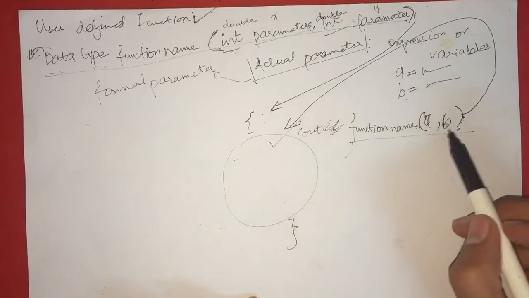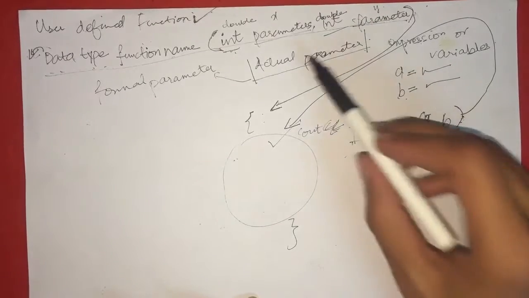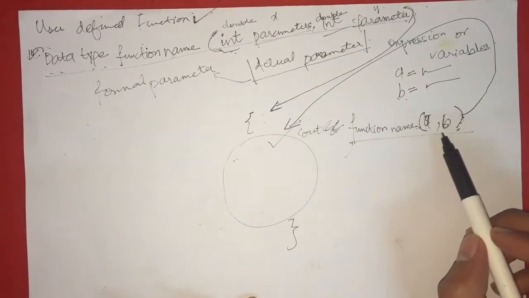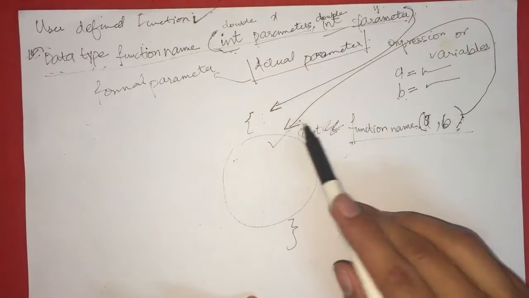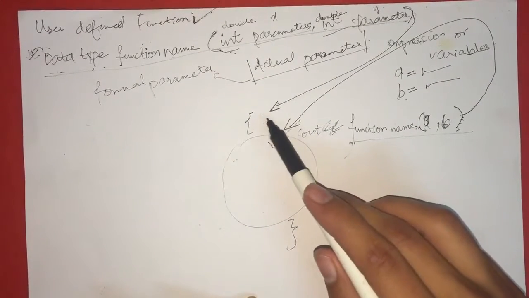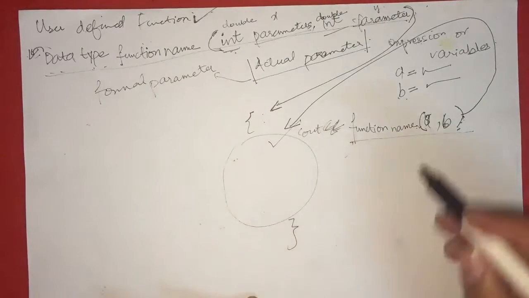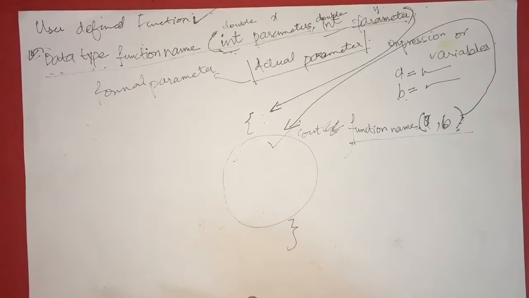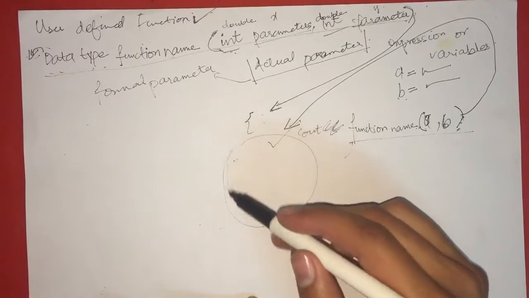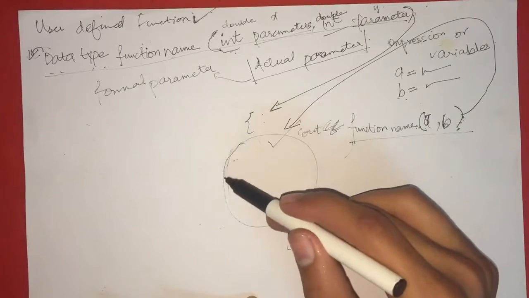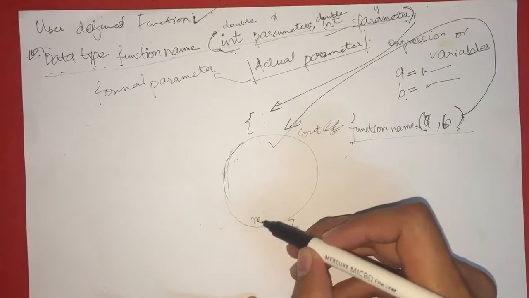First it's going to take these actual parameters and substitute them into the formal parameters you have given in the function heading prior to calling this function. After that, it's going to solve this function to achieve the task you want it to achieve, and then it's going to return.